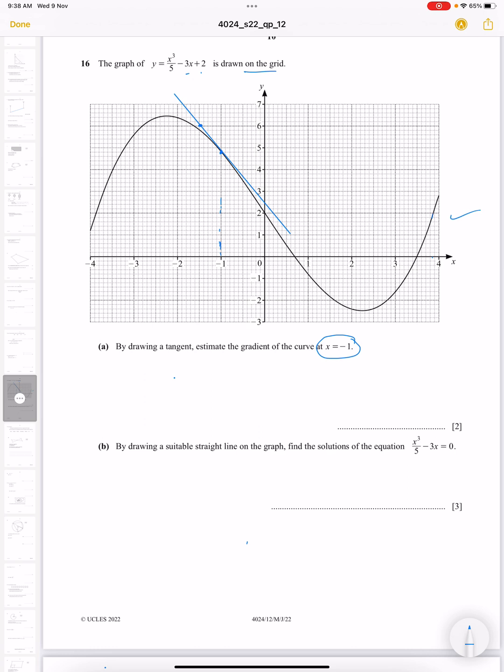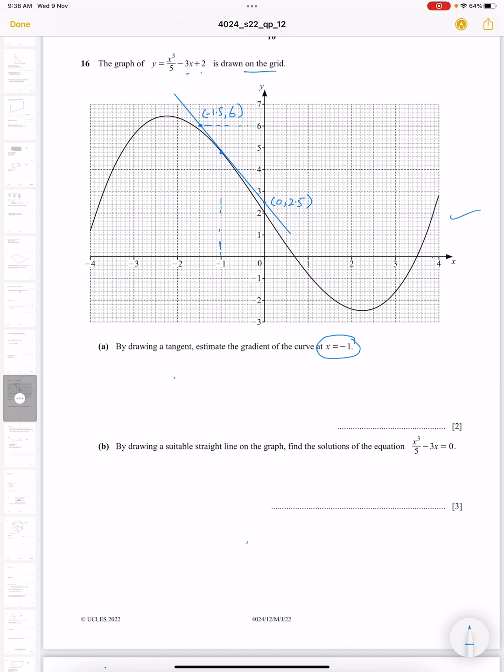This is negative 1.5 for x and it is 6 for y. As another point, we can take, for example, this one. As this point is on the y-axis, its x coordinate will be 0 and y coordinate seems 2.5.